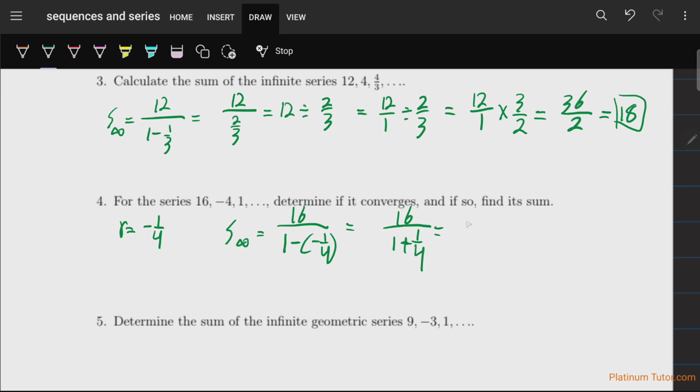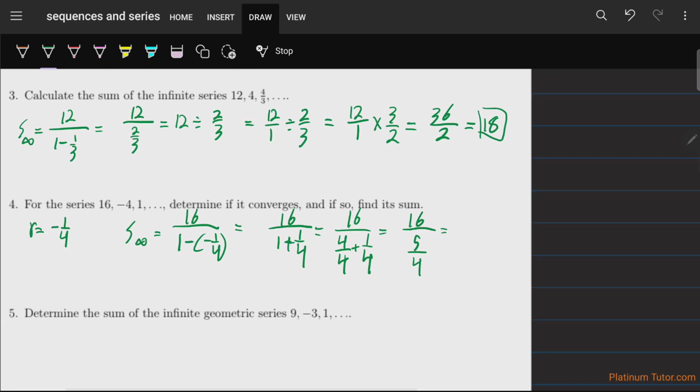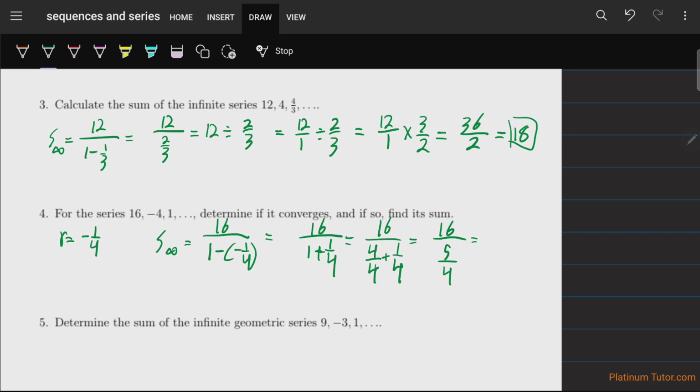And 1 is the same as 4/4 plus 1/4, which will give us 5/4. Using the same fraction division multiplication trick I showed above, we get 16/1 times 4/5.